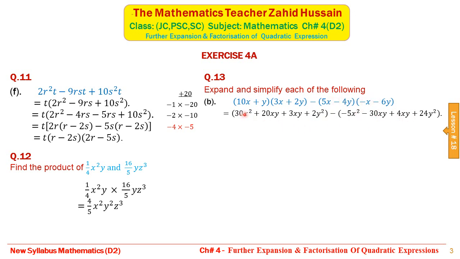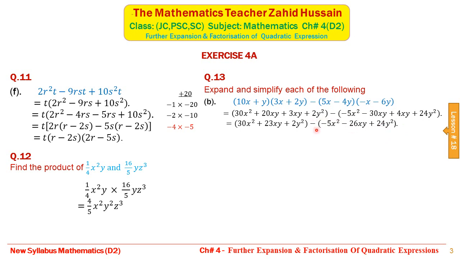So within bracket there is 30x square plus 20xy plus 3xy plus 2y square. 30x square, 20 plus 3 is 23xy and 2y square, minus, simplifying this expression within the bracket, minus 5x square minus 30 plus 4 is minus 20xy plus 25 24y square.